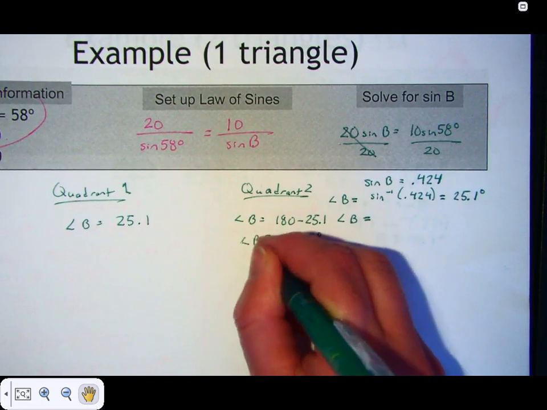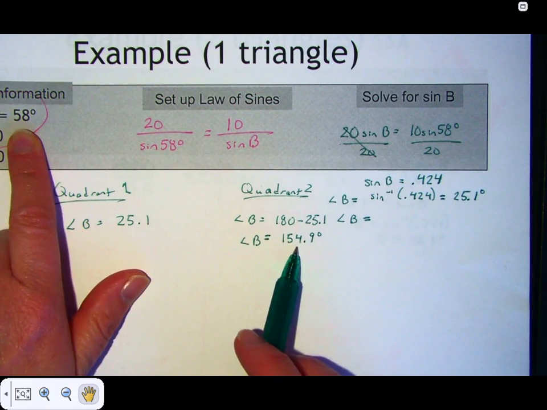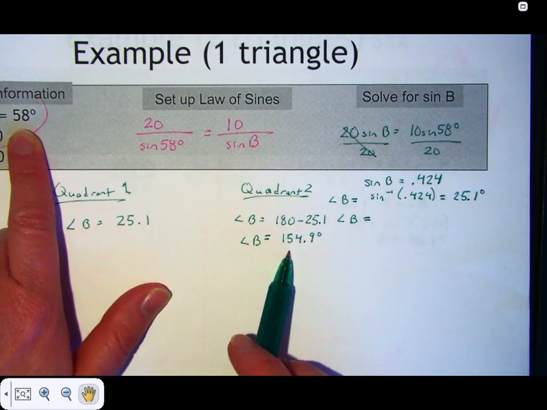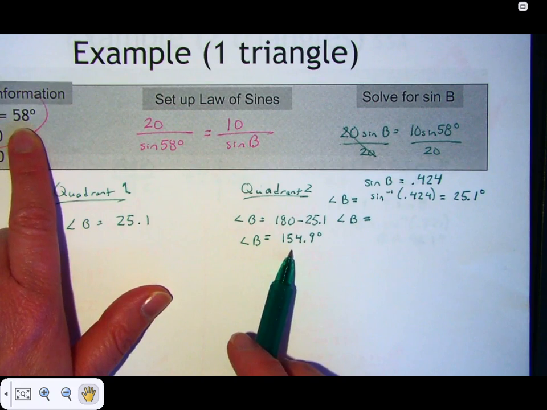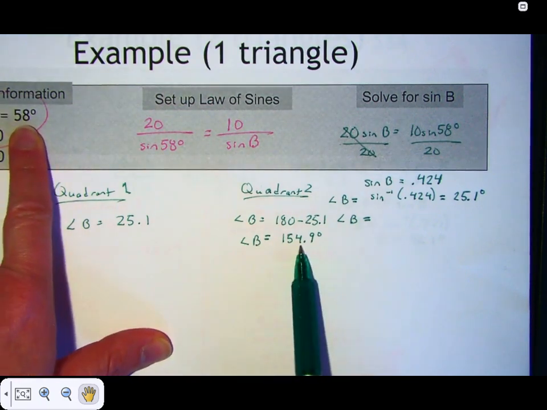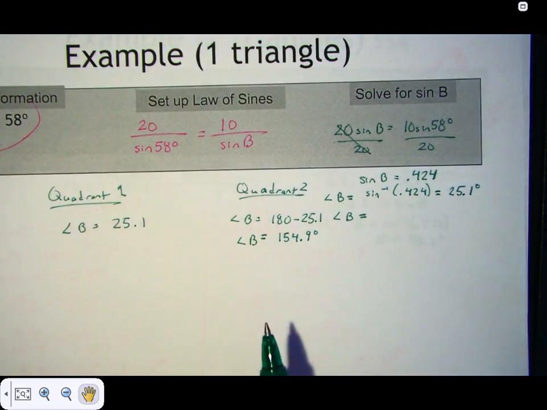So what do you think about that? I've got angle A is 58, angle B is 154.9. And I'm trying to make a triangle out of that. Is that okay? I'm saying, can I make a triangle if angle A is 58 and angle B is 154.9? Why not? Yes, you're exactly right.